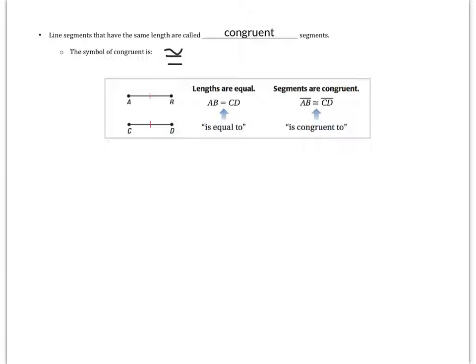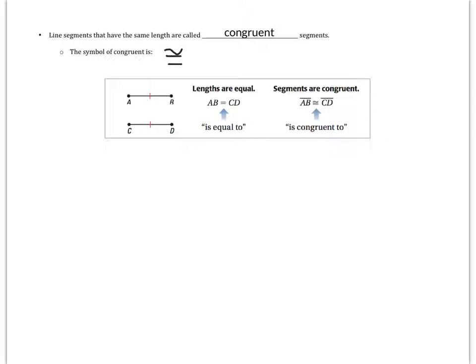So look at this terminology. If I want to say that their lengths are equal, then I'm going to use AB and CD without the segment symbol on top and use an equal sign. So I would read this as the length of AB is equal to the length of CD. If I want to state that the segments are congruent, then I have to use the segment symbols on top.